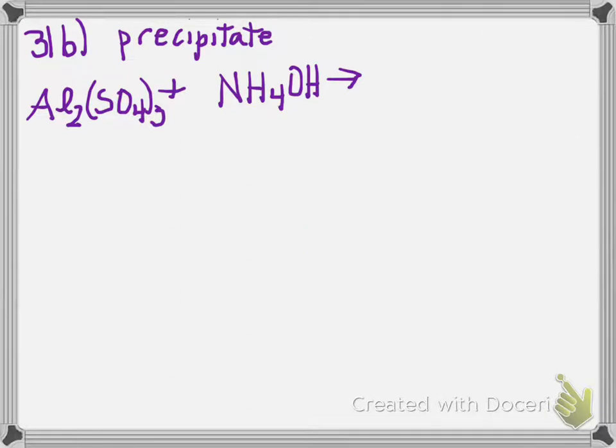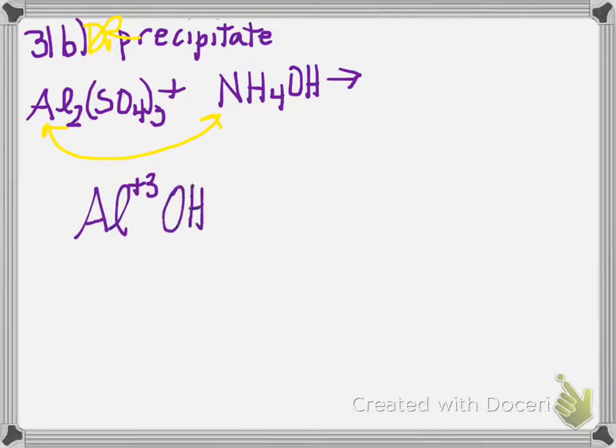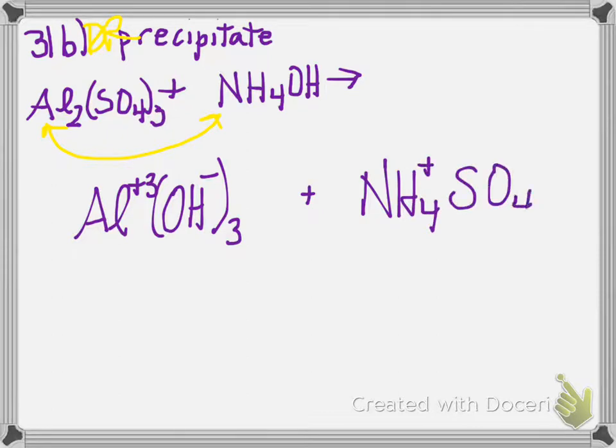All right, letter B. Again, we have a double replacement reaction. Aluminum and ammonium this time are going to swap partners. So aluminum's partner is going to be hydroxide. And ammonium's partner is going to be sulfate.